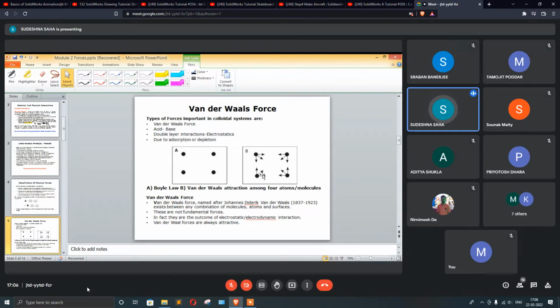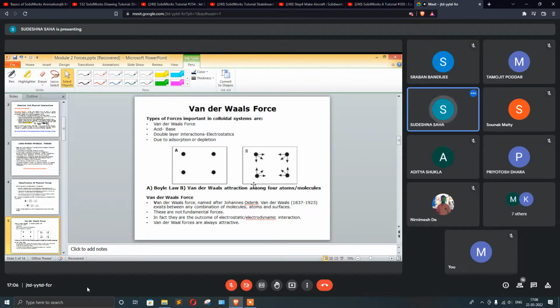On the contrary, the van der Waals forces are mostly the attractive forces that you can think of. So if you have four atoms or four molecules in a box, then the van der Waals forces are mostly attractive towards each other, and that means these molecules will move close to each other.